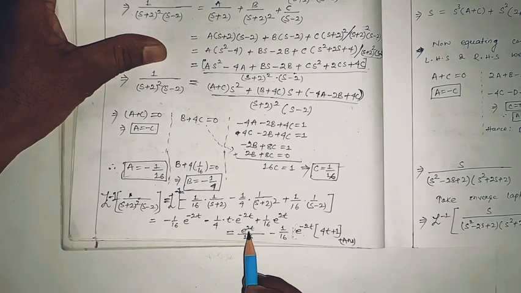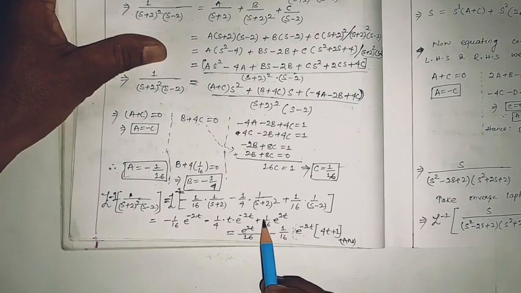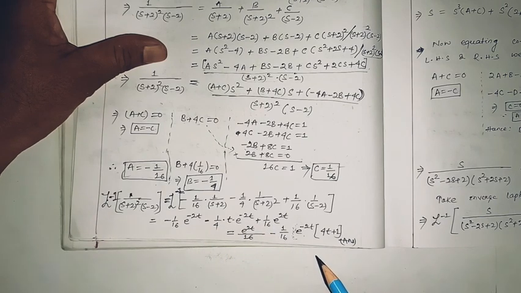Plus 1 by 16, this will be e to the 2t. Finally we found plus 1 by 16 e to the 2t written over here.